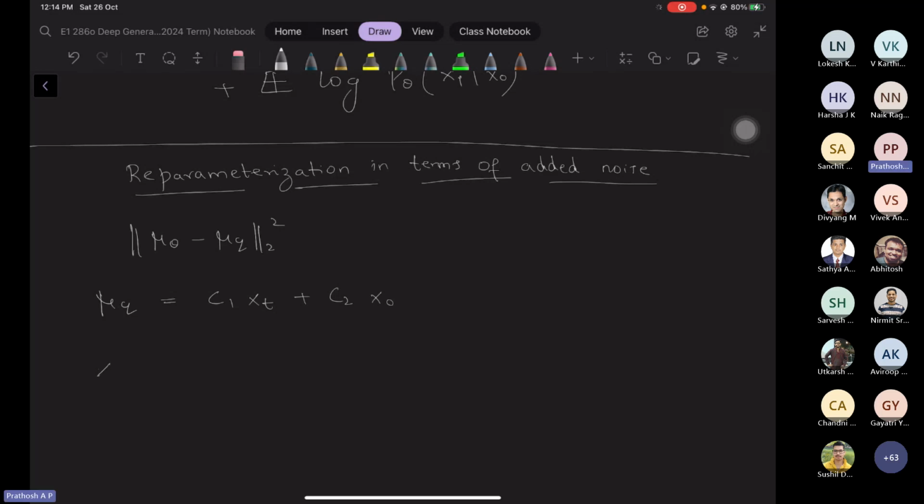Now we used that recursion and showed that xt is equal to root of alpha t bar times x naught plus root of 1 minus alpha t bar times epsilon. Please pay attention here because this is what I'll ask you to implement.